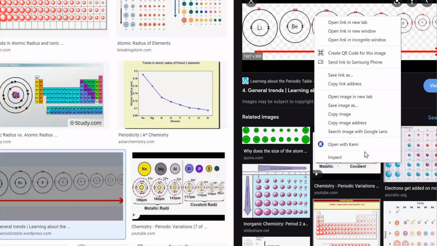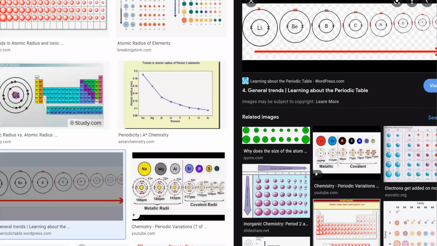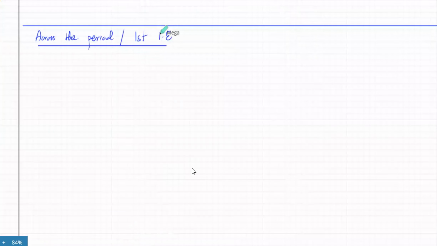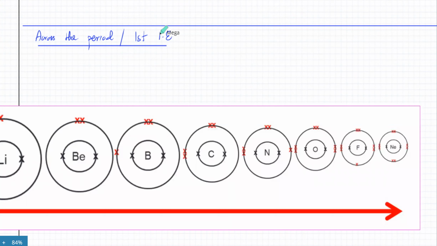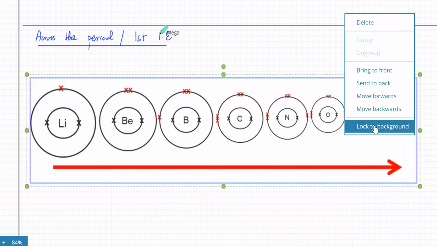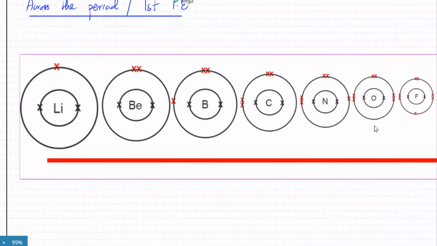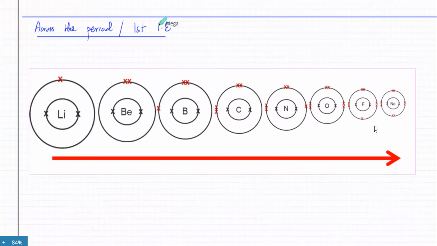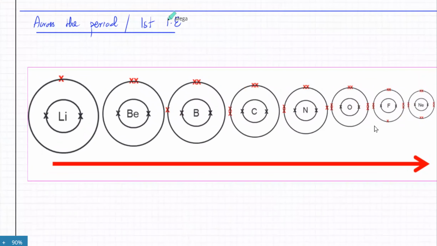Yep, this is better. So I'm just going to copy this. The protons are not mentioned, so let's just use this. So this is what is happening to atoms across the period.